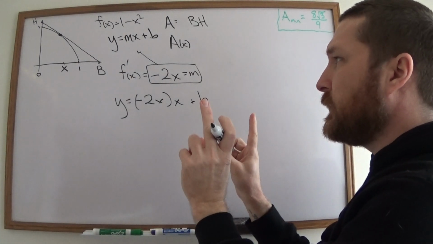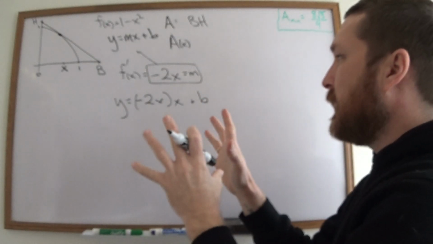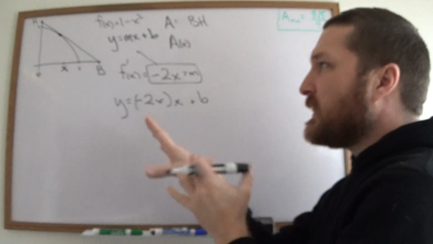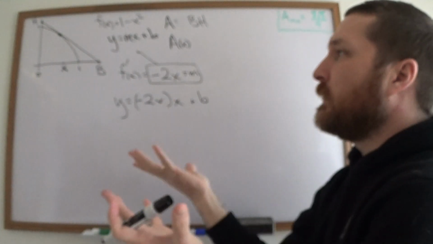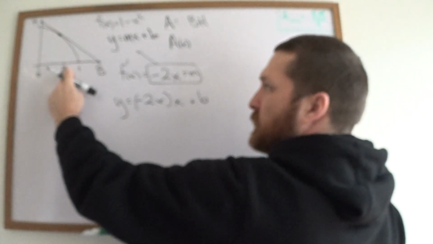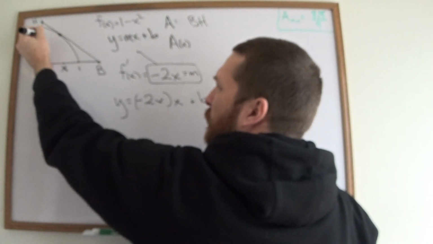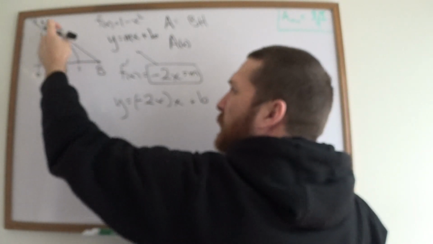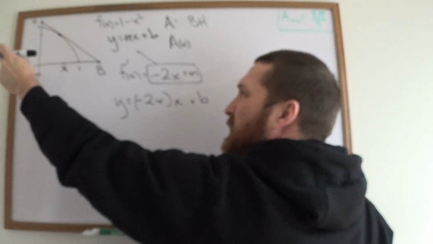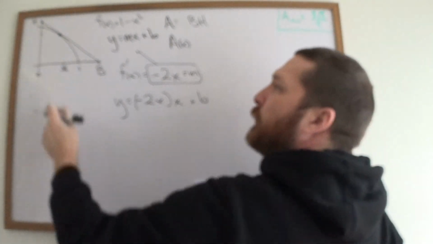So what I need to do is say, all right, I have one unknown, I need 1 point here to give me. Well, I know its x position, what's its y position? If I knew its output, because this is the only place on the parabola where that line touches, they should have the same output there.